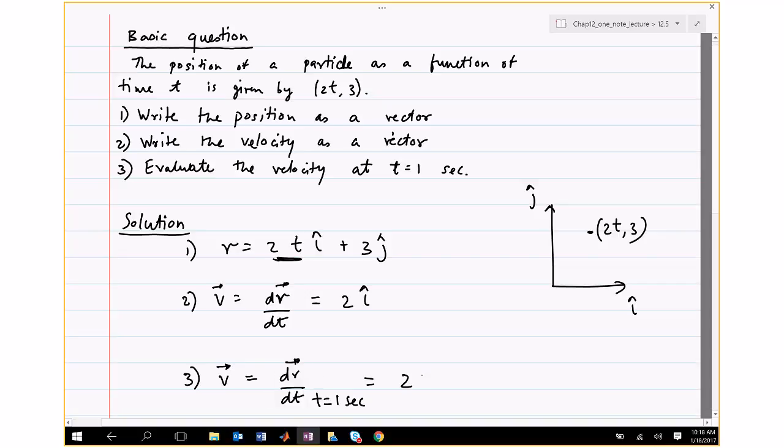So it's 2i. This particle is traveling along the x direction with a uniform velocity of 2, I did not give you the units, so 2 in some units. It's traveling that way. It doesn't move in the y direction. Okay, is that clear?